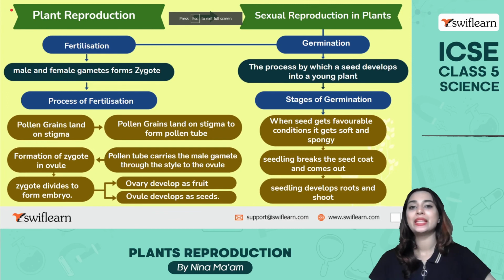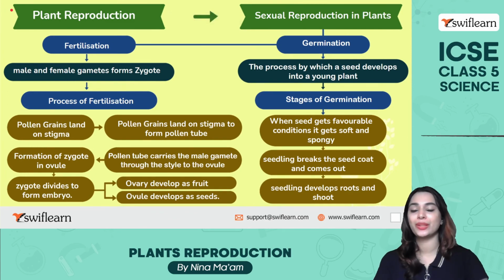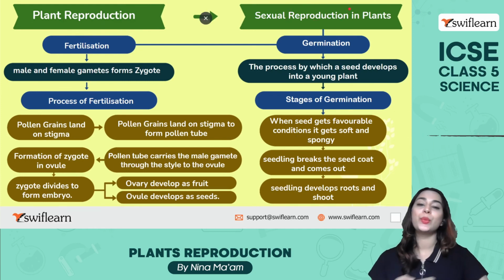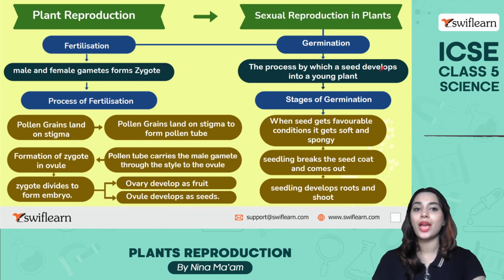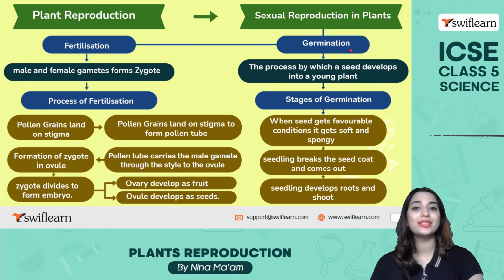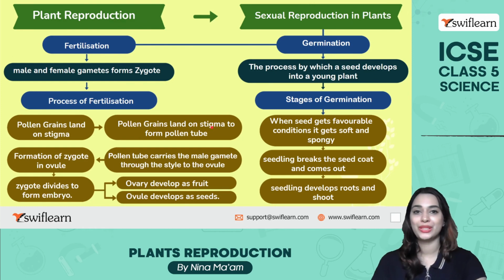And here we go. Let's have a quick look into this one. Plant reproduction is sexual reproduction in the plants. We can divide sexual reproduction into two: fertilization and germination. As I mentioned earlier, fertilization means male and female gametes form a zygote. Let's look at the process of fertilization. First, the pollen grains transfer and land on the stigma to form a pollen tube.